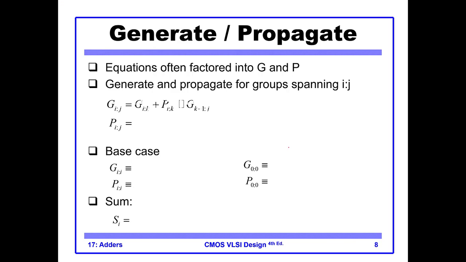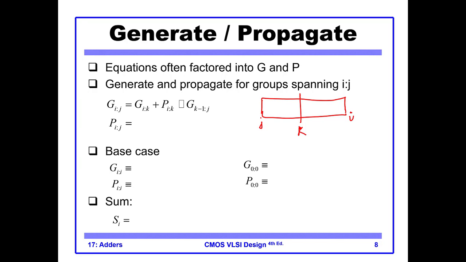Okay. So this is the equation of generate. In order to understand this equation, let's draw a figure. So we have I here, J here, and K here. So these are the bit positions. Capital G, I colon J means the generate from I to J position.